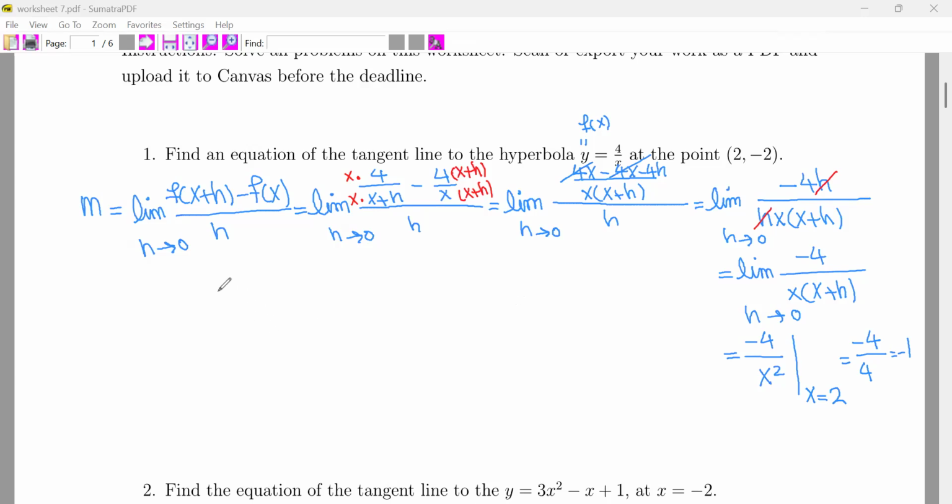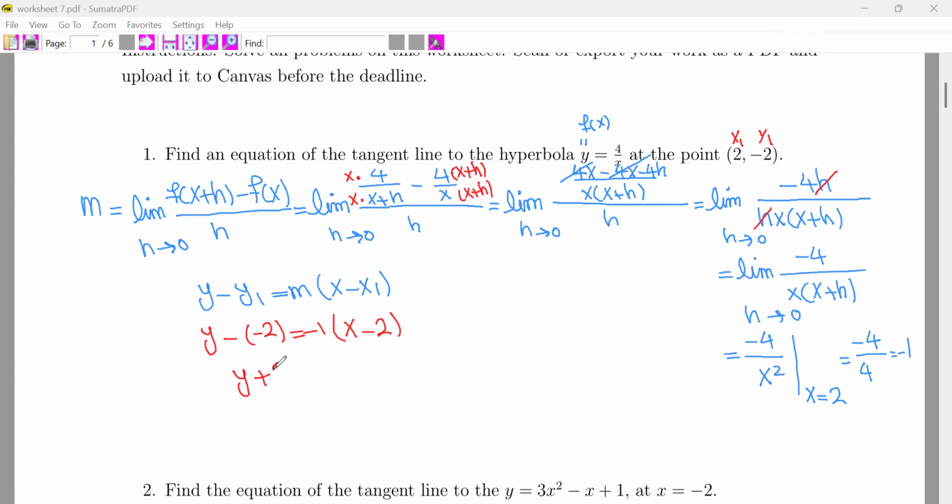Having the slope and the point, and using the formula y minus y sub 1 equals m times x minus x sub 1, noticing that this is x sub 1 and this is y sub 1, we plug in: y minus, instead of y sub 1, negative 2, m is negative 1, and x minus x sub 1, which is 2.